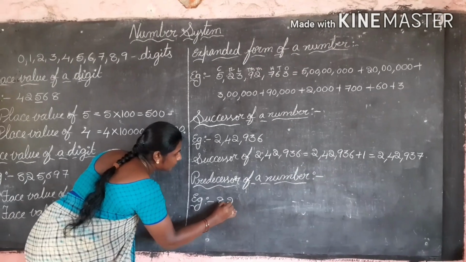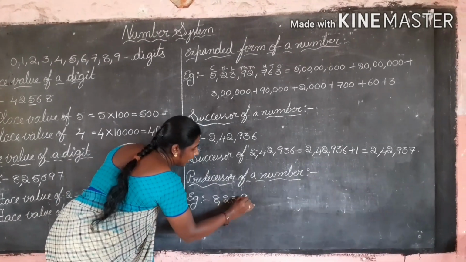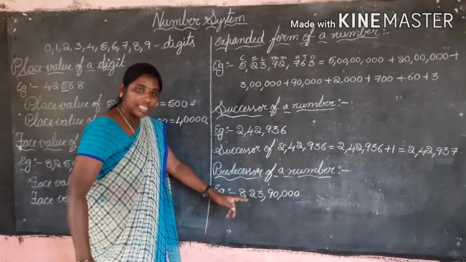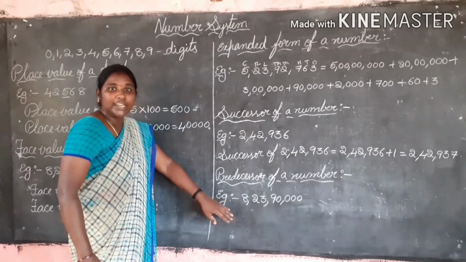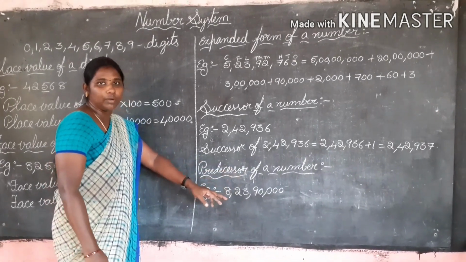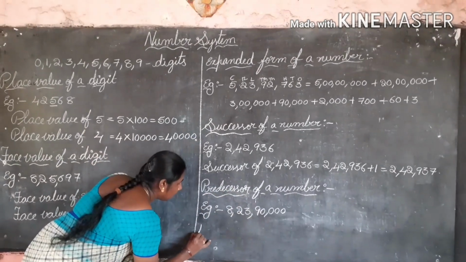Suppose, for example, 8 crore 23 lakh 90,000. For this number, we have to write the predecessor. Predecessor means we have to subtract 1 and get the number before. What is the number before this?